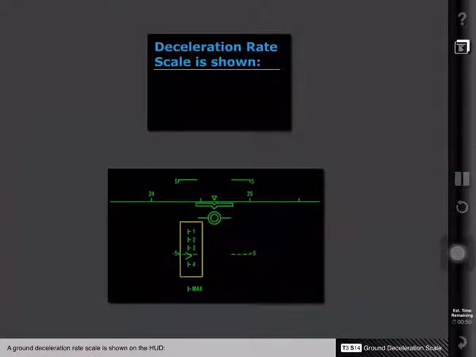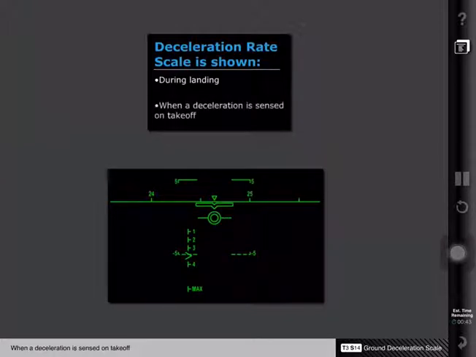A ground deceleration rate scale is shown on the HUD during landing or when a deceleration is sensed on takeoff. A vertical indexed scale and pointer indicate the actual deceleration rate being achieved.